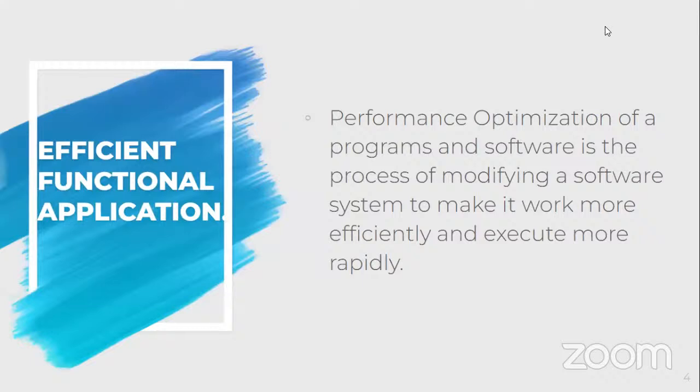So now you are more concerned about the efficiency of the system or the computer process, and also how fast it is. So basically, performance optimization of a program and software is the process of modifying a software system to make it work more efficiently and execute more rapidly, like I said.